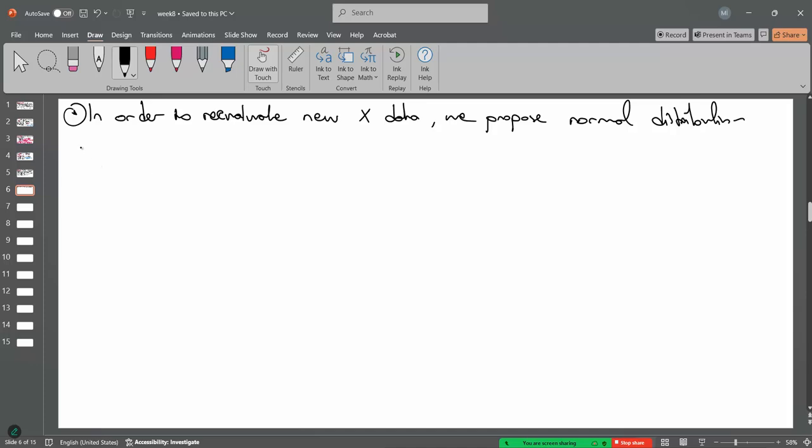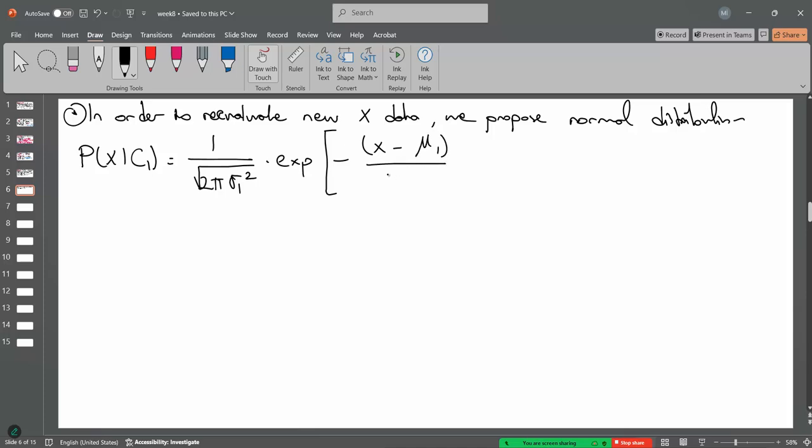Which means that if we propose the X for a given C1, we can write these parameters or the formula: 1 over the square root of 2 pi sigma 1 square, times the exponential term of minus (X minus mu 1) square divided by 2 times sigma 1 square. Okay? For new data, we calculate the probability rate of this X for a given C1. Okay?